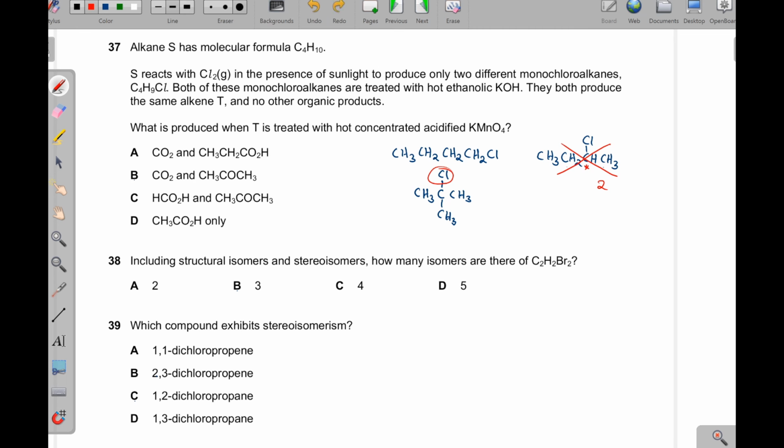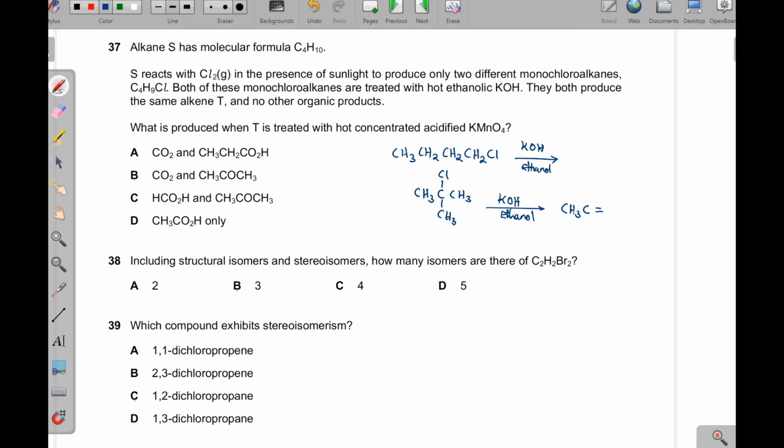If we put potassium hydroxide in ethanol, we are going to get CH3, C, then there will be a double bond, and this will be a CH2.